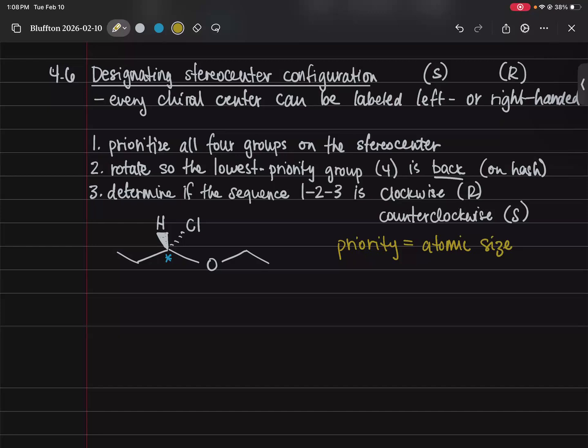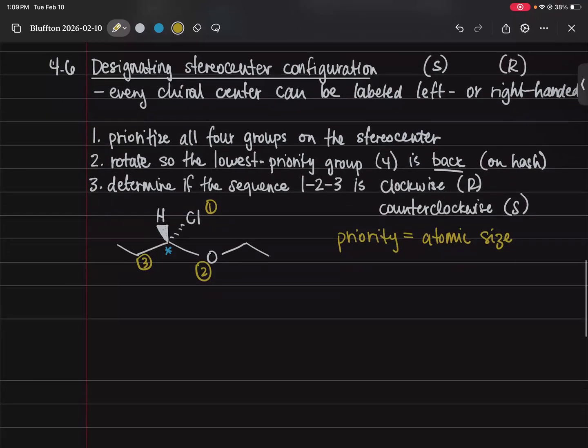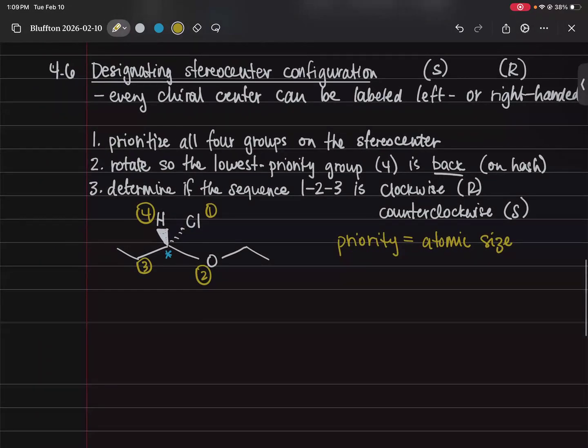What's the largest element that's directly connected to the stereocenter? Yeah, the chlorine. Second largest? Oxygen. Third largest? Carbon over here. And then if you've got a hydrogen, well, it's guaranteed to be number 4 because hydrogen is the lightest element. Okay, so done with number 1. We've prioritized all 4 groups on the stereocenter.